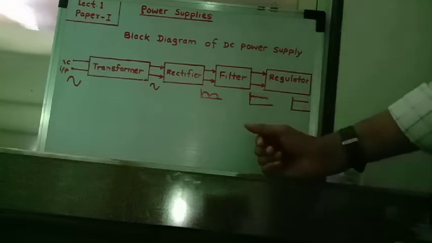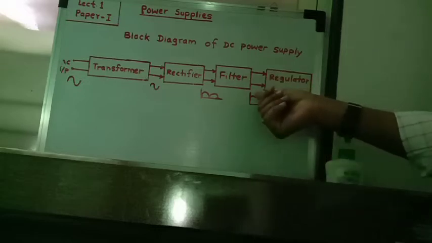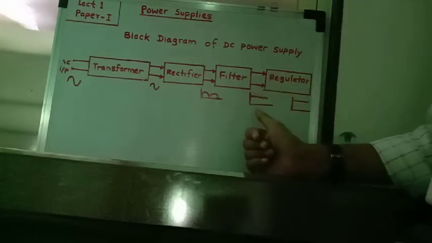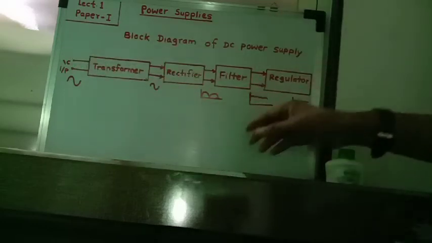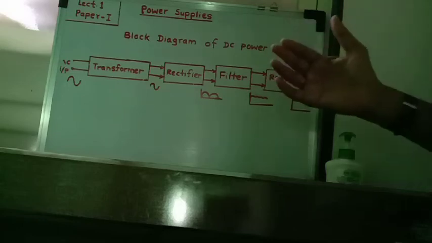But the regulation of this DC output voltage is very poor. That is, when the AC input voltage fluctuates, the DC output voltage also changes to a large extent.